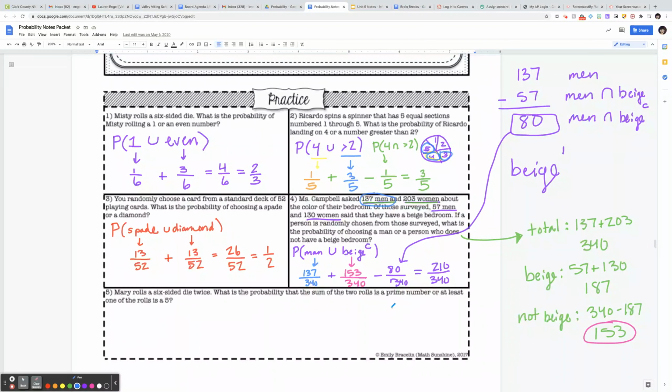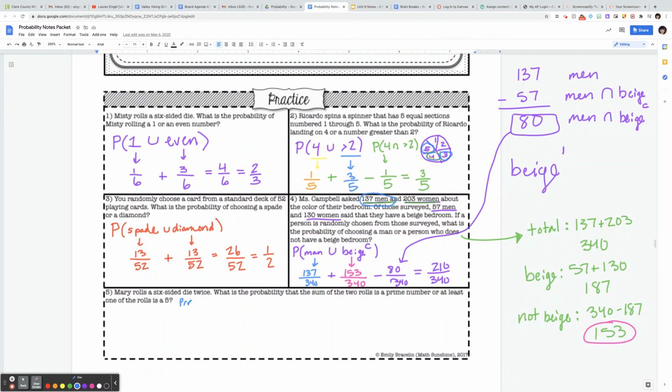The best way to start this out first is I want to list all of my prime numbers, right? So if she's going to roll a 6-sided die twice, the largest possible sum is 12, right? 6 plus 6. So I need all of the prime numbers from 1 to 12.